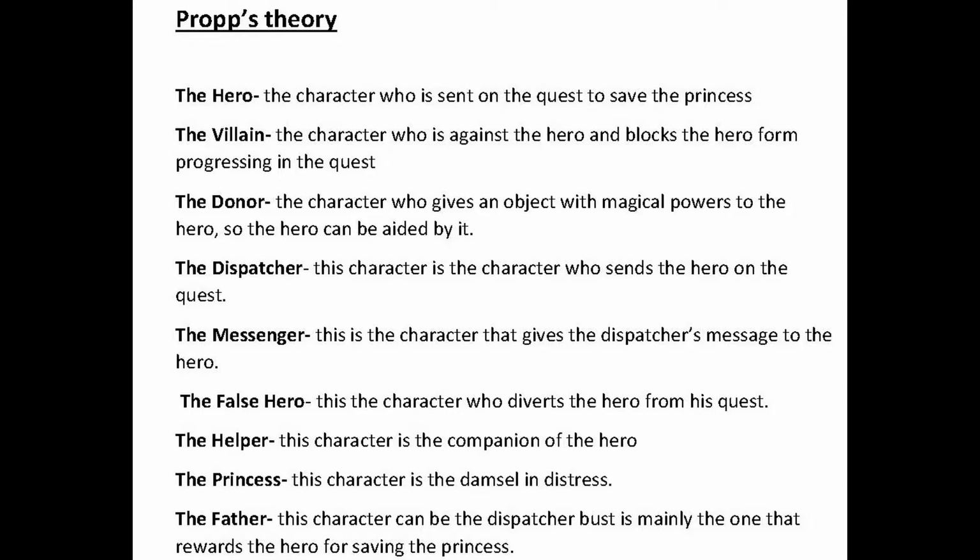Even though practically Harry Potter needs the wand to get into Hogwarts, you get where I'm going. He gives Harry Potter the wand, so he counts as the donor in the film.